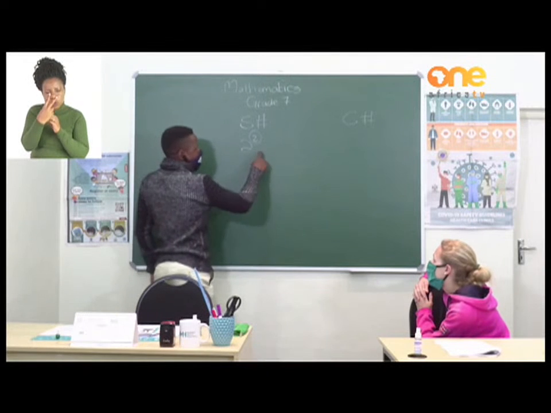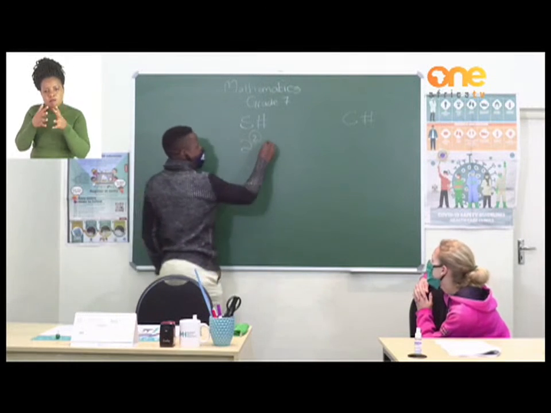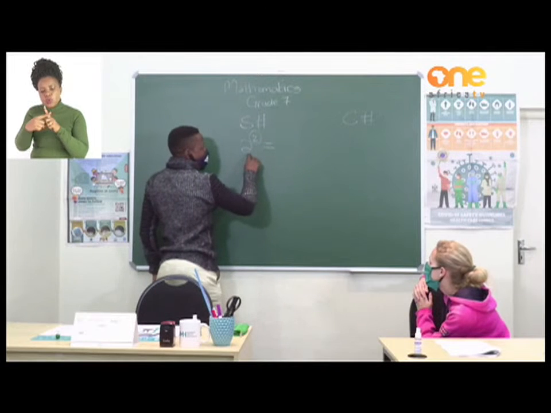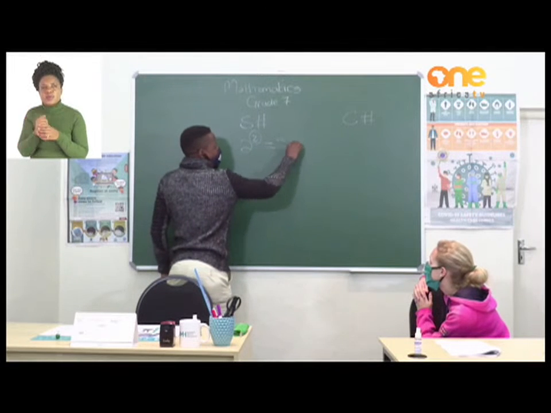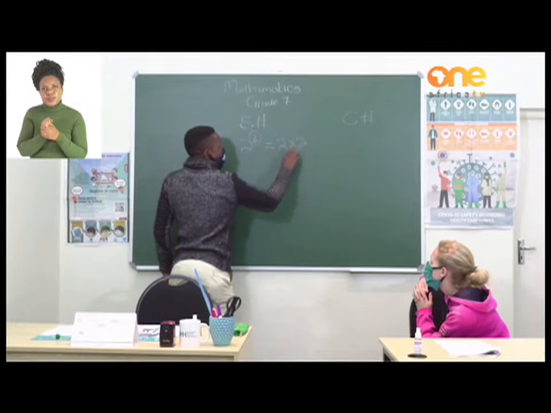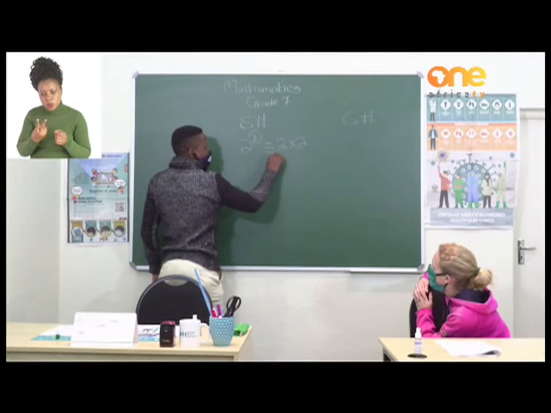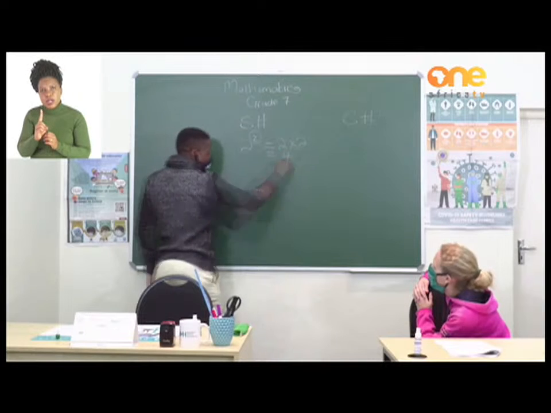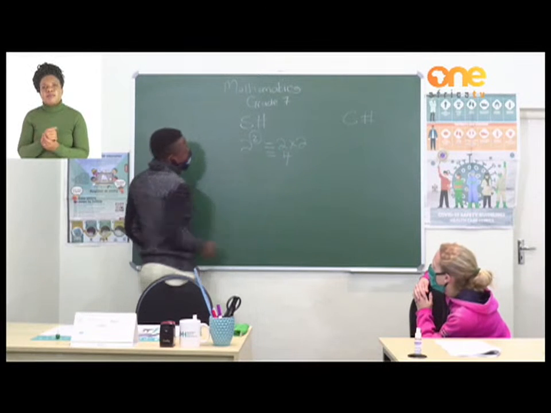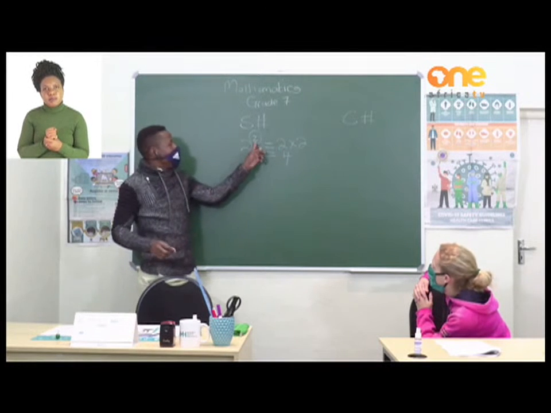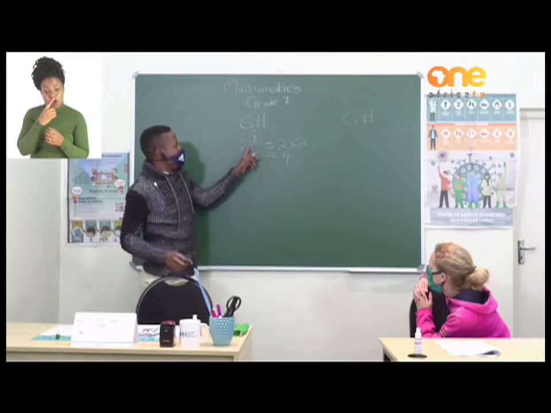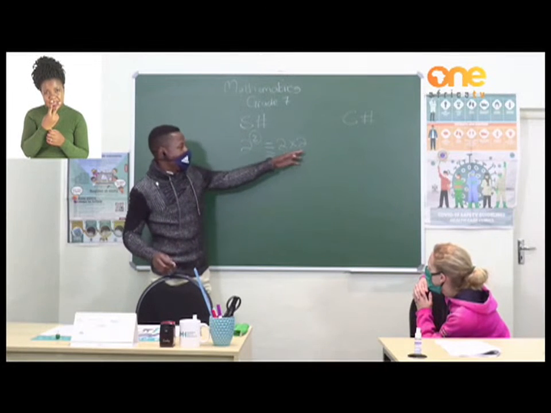You can also expand it in this way. You say 2 times 2 to give you a 4. So if you look at this 2, it means this number has to appear twice.